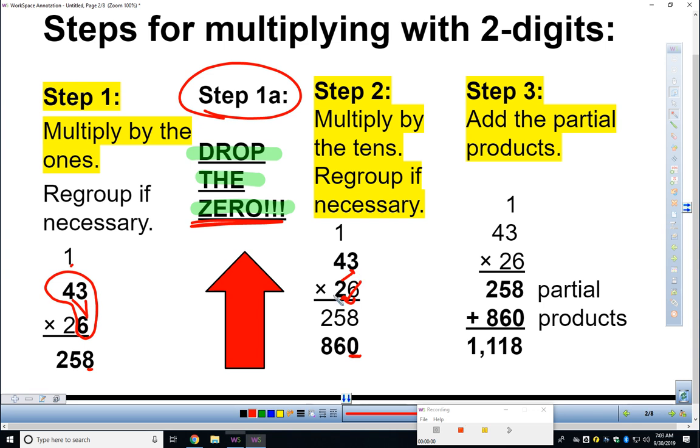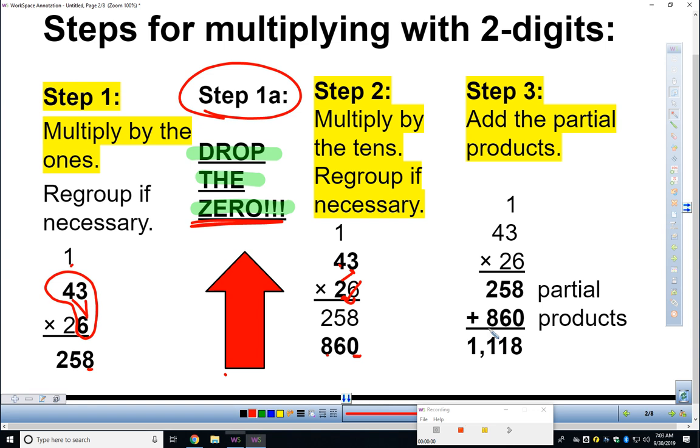Because this 2 is in the 10s place, it's actually 20 times 3, which is worth 60. And that's why we drop the 0. So we already said 2 times 3 was 6. There it is. 2 times 4 is 8. There it is. And then the third step is that we add everything back together.